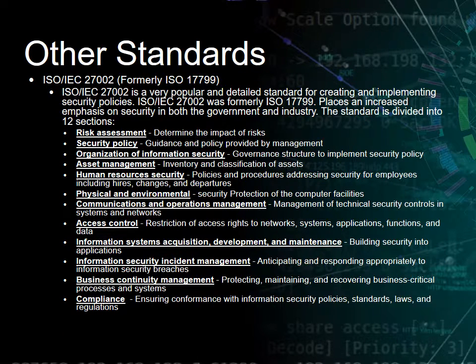Next is ISO 27002, formerly known as 17799. It is a set of security standards that many industries have chosen to apply. I think we talked earlier about the NIST cybersecurity framework and how organizations can choose to adopt it. One of the great things about a framework is that it just helps to lay out the overall program, but it does not dictate the standards.